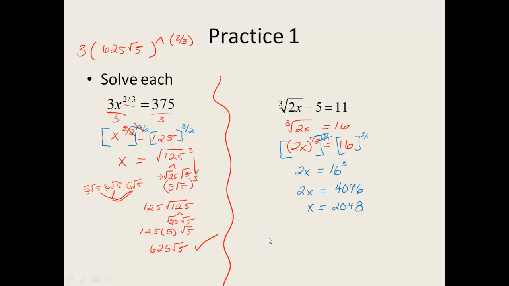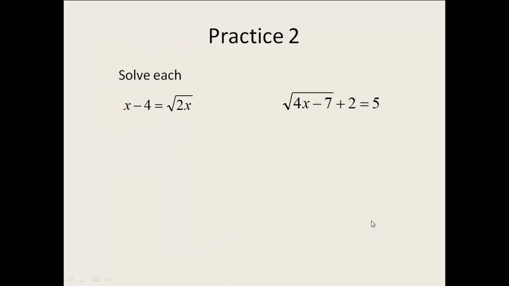So I would type in my calculator the cubed root of the quantity, 2 times 2048 minus 5. And when I type that in my calculator, it gives me back an 11, so I know I'm okay with it.